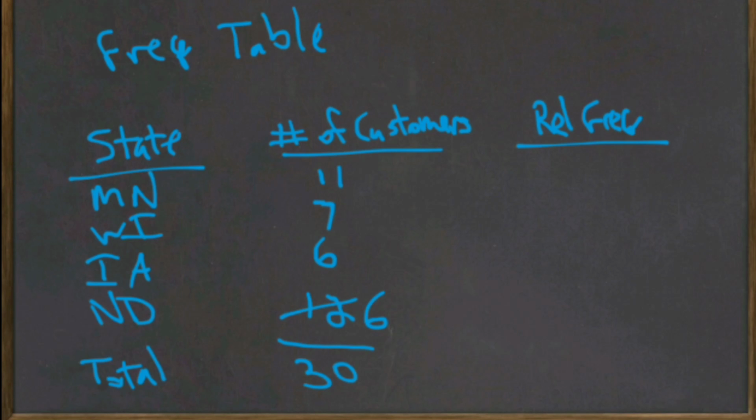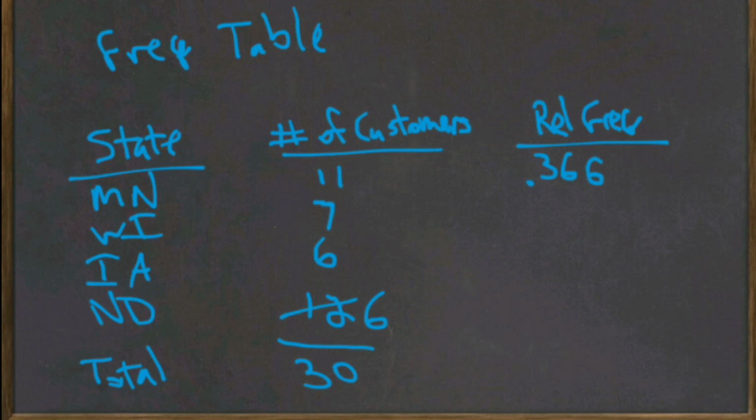We have 30 customers here, and you can tell me that 11 of them are in Minnesota, but I might want you to present that in a way that just does the percentage calculation for me. So it turns out that is 0.366.